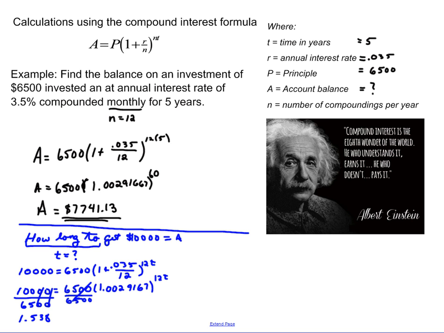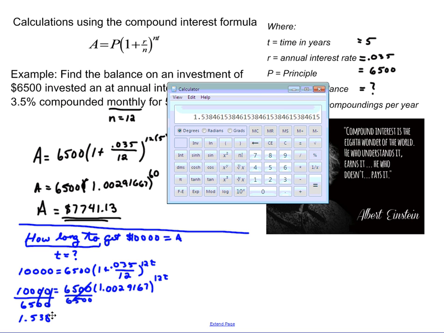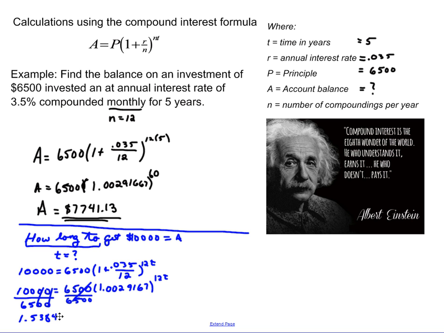Let me get a couple more digits out of that. 1.53846. Let's go to 1.53846 right here. So 1.53846 is equal to 1.0029167 to the 12t. And if you don't remember what we did with this kind of thing, this was where we took a natural logarithm on both sides, or a common logarithm. Depends on our opinion here. But let's go with the natural logarithm. I'm going to take my natural logarithm of 1.53846.